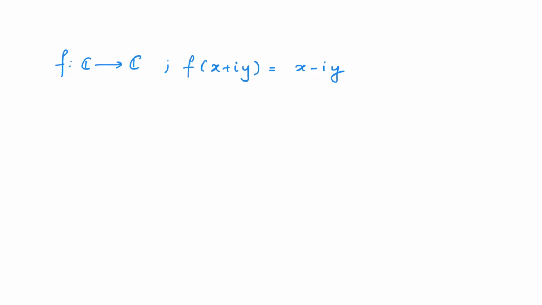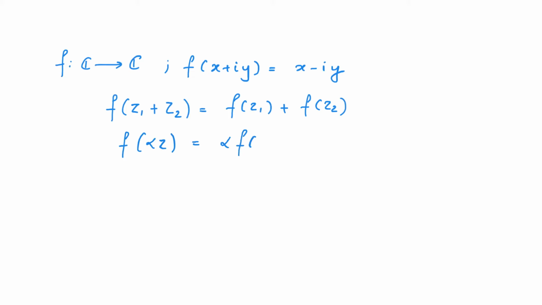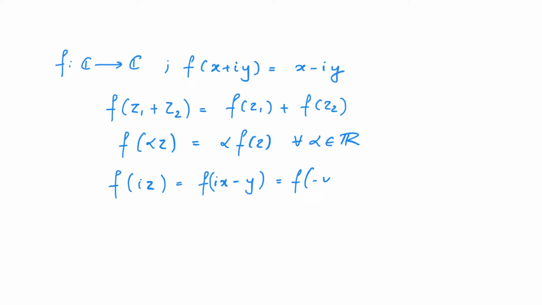Let us now look at another property of this function. It is very easy to check that f of z1 plus z2 is equal to f of z1 plus f of z2. It is also easy to check that f of alpha z is equal to alpha times f of z if alpha is a real number. However, if you take f of iz, this is equal to f of ix minus y, which is equal to f of minus y plus ix, which is equal to minus y minus ix.